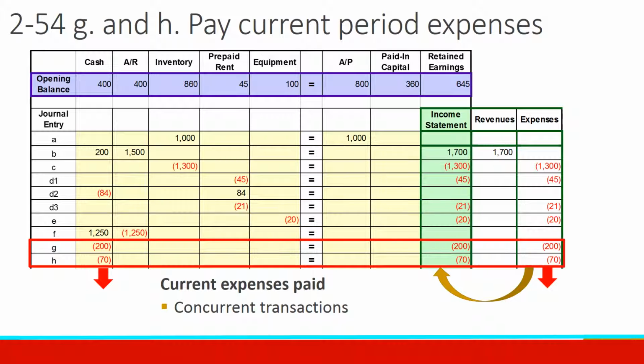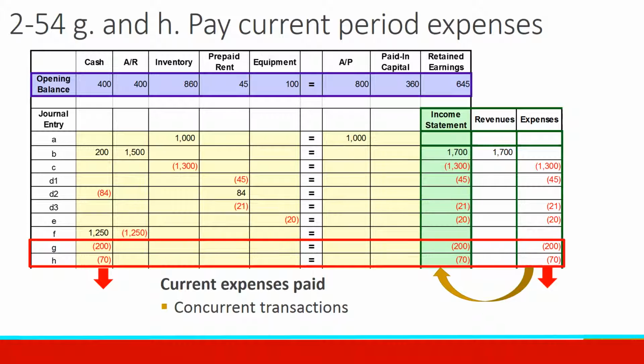We're now going to look at Requirement G and Requirement H together. Both of these requirements discuss expenses the company has incurred and is paying for in the current period.